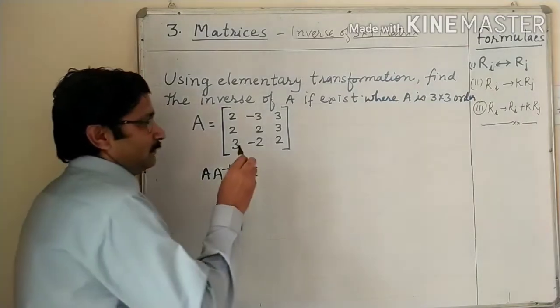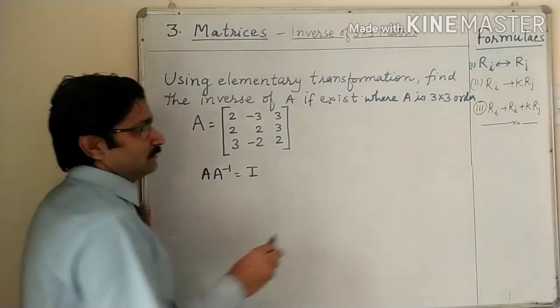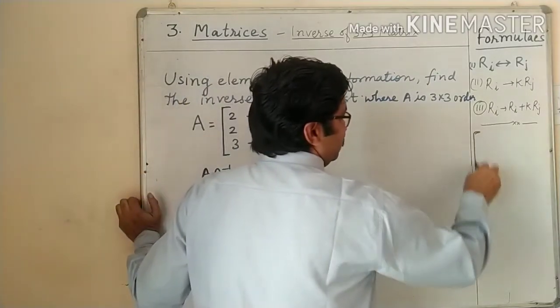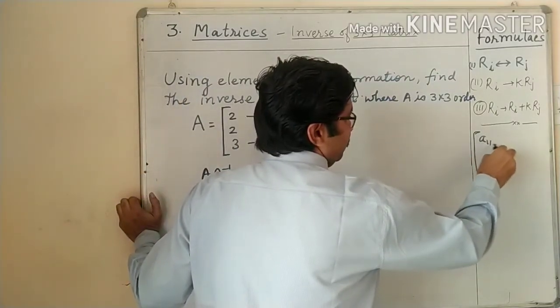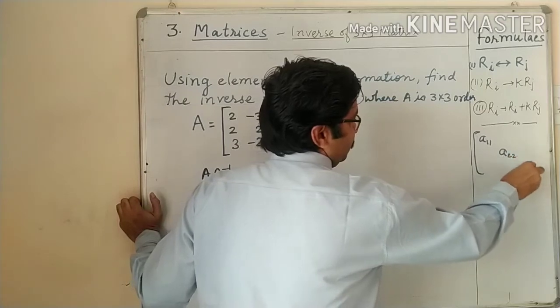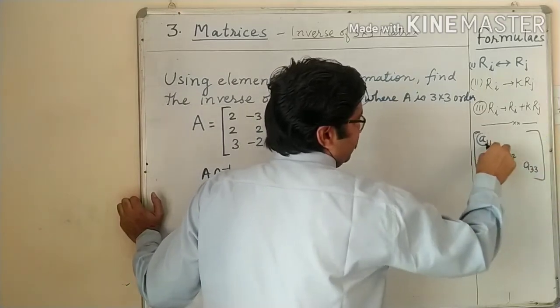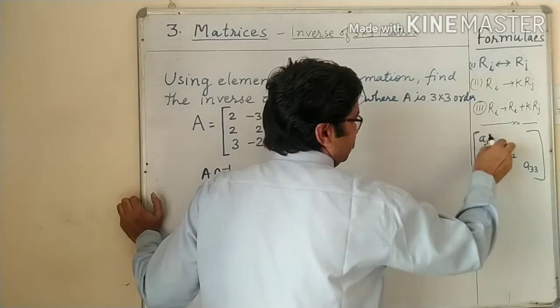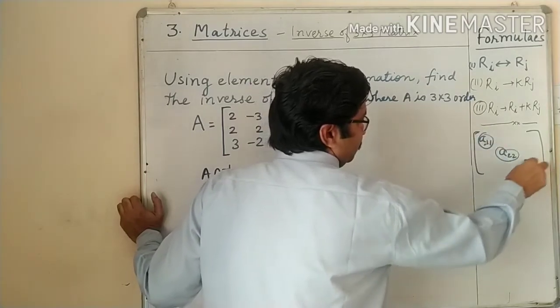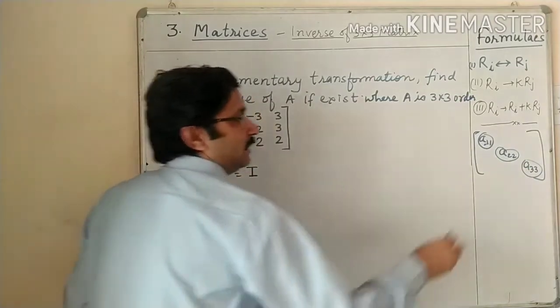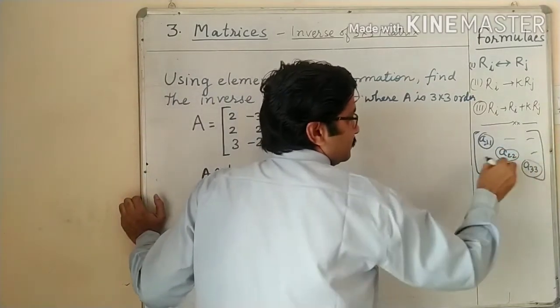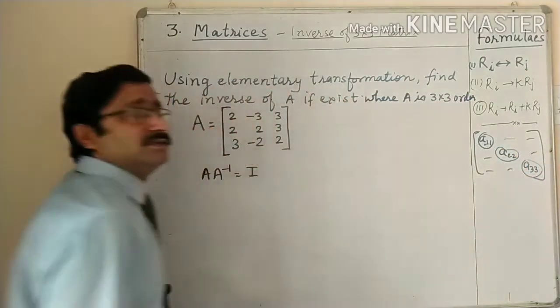Here, one important thing we will do: the elements A11, A22 and A33 we have to make equal to 1, and whatever other elements we have, we have to make 0.